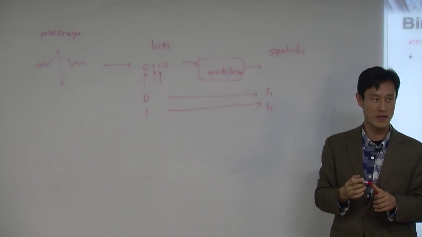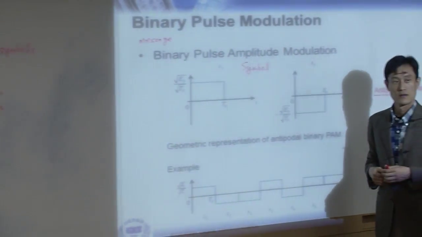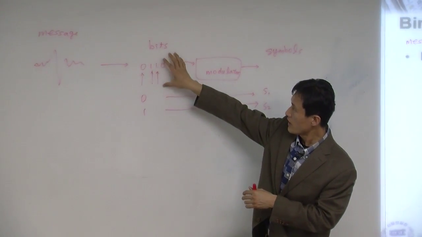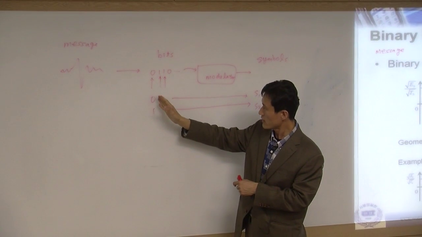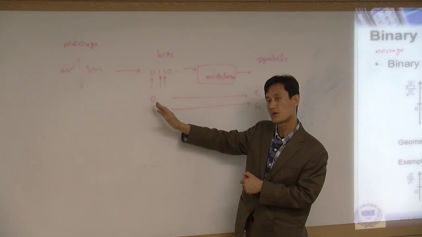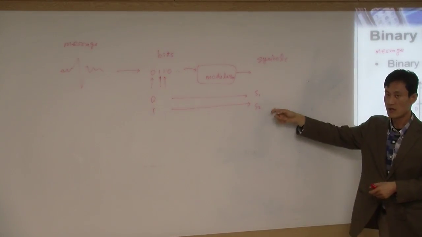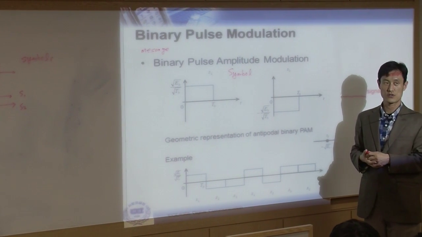This is a simple mapping. So the original information, in this case, is the bit sequence, and every bit can be either 0 or 1. Depending on which bit you have, you are transmitting one of these. This is S1. This one looks like S2.